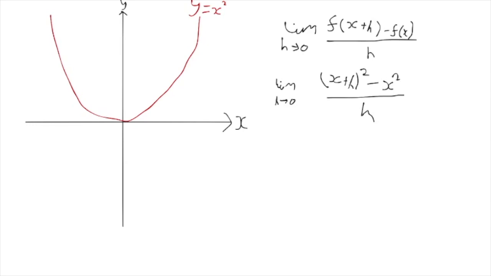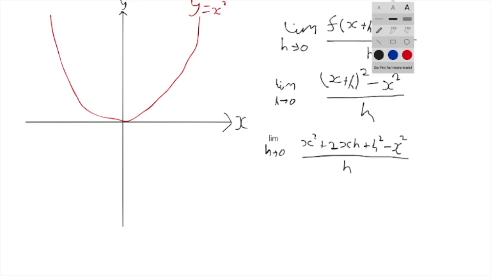We can do some algebra here, it's probably quick if I just type lim, of h goes to 0. Let's do a bit of binomial expansion of x plus h squared. So that becomes x squared plus 2xh plus h squared minus x squared, all divided by h.